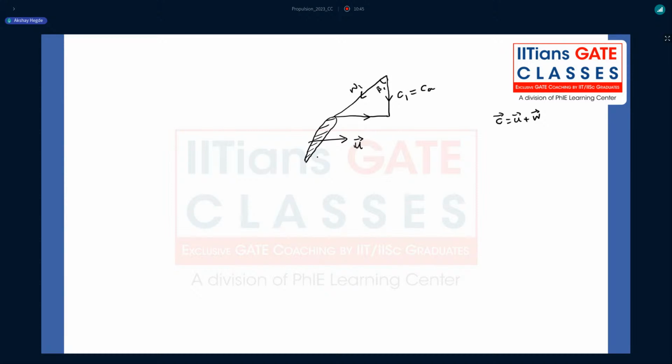Then it leaves the rotor with a relative velocity component W2. Again, if we assume the blade velocity remains the same, U, the absolute velocity vector at the exit of the stage is again given by the vector relation C is equal to U plus W. So this is going to be C2.